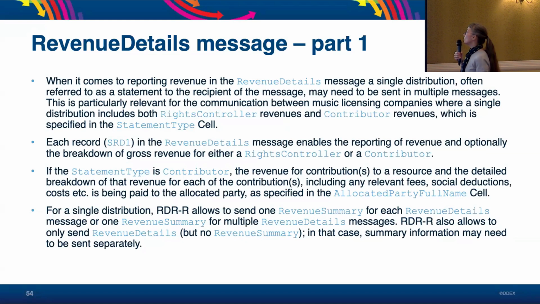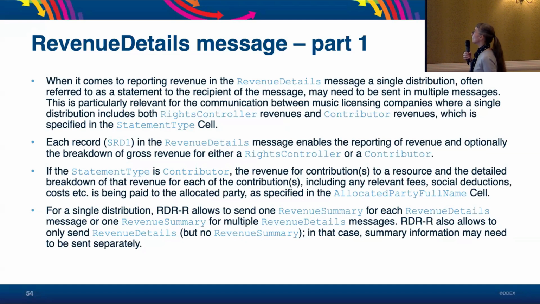However, now you need to structure it slightly differently, and it means that for one distribution cycle, you may need to send more than one details message. And that depends what type of revenue you deal with and who your recipient is.